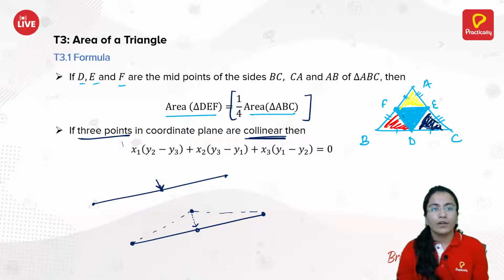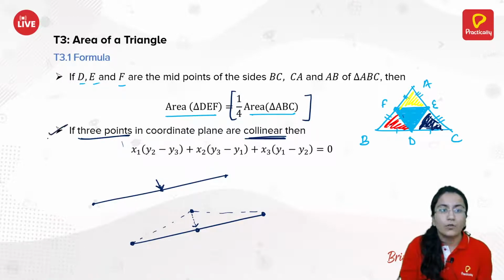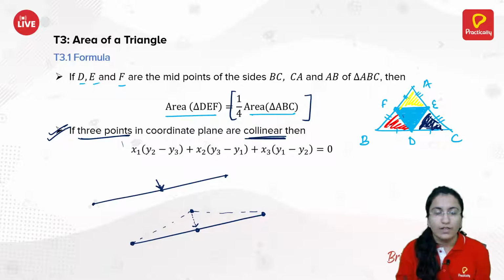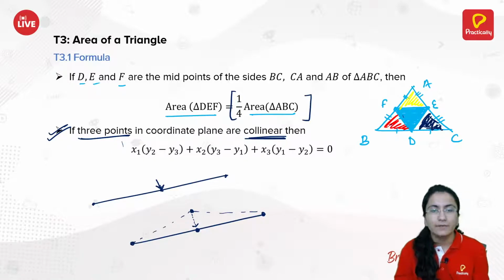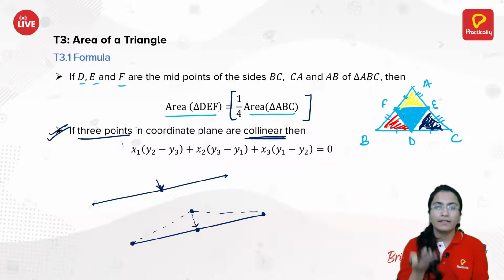That is the point you have for the collinearity condition. So for that, you just equate the formula for area to 0, you will get this formula, right? So you can use this formula directly wherever you want to prove that 3 points are collinear.